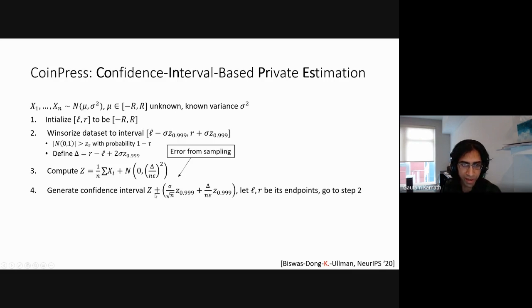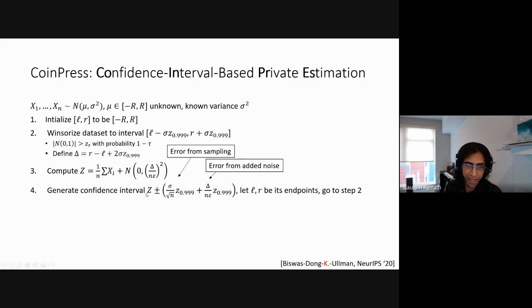If you're just doing the sample mean, the first 2 terms here, z plus or minus this term, would tell you a valid confidence interval for where the true mean lies. But then we also stretch this confidence interval to account for the error due to the added noise as well, which follows a very similar form, which is convenient because we have Gaussian noise added to a Gaussian sample. So for this, it's very simple. It could be more complicated in other settings.